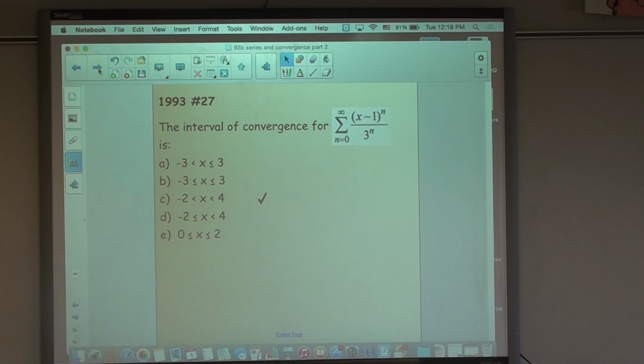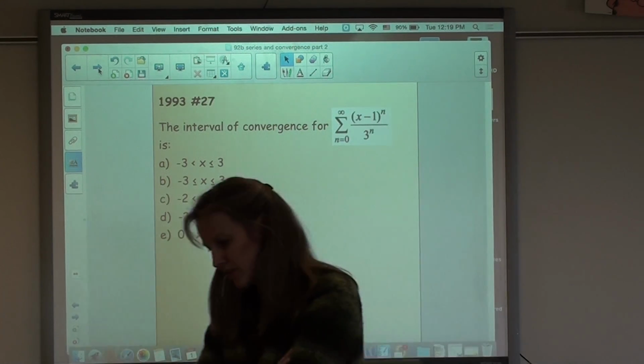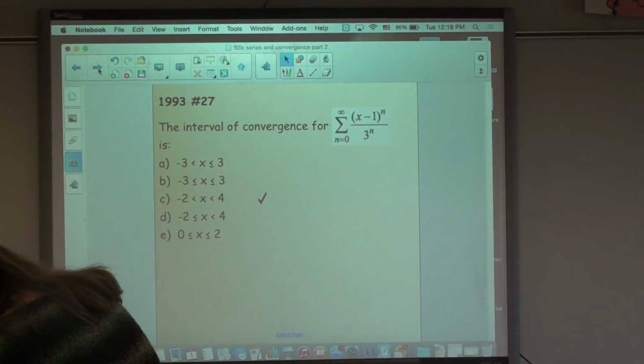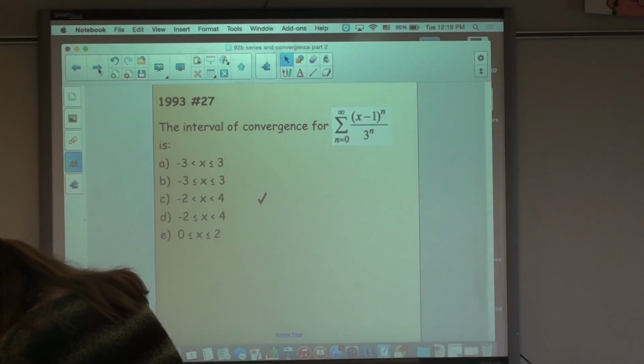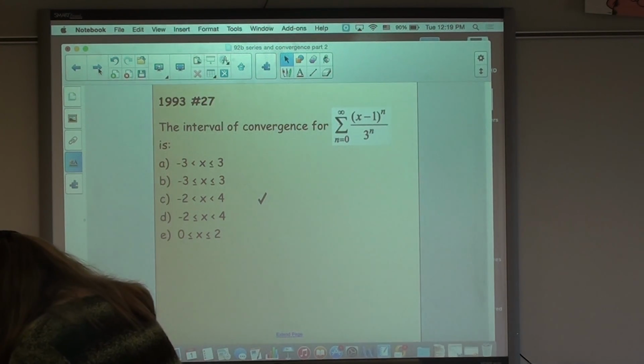I think it's always less than. Look at the board, there's only one answer, because they're all less than or equal to, except that one. Is this a negative one?